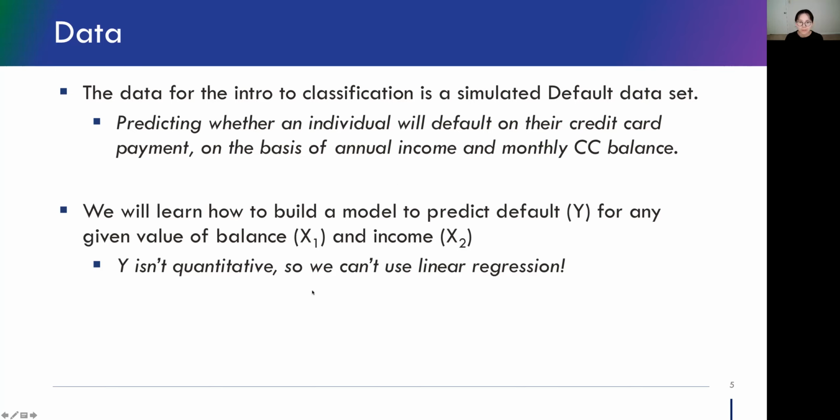We will learn how to build a model to predict the default, being y, for any given value of balance, being our x1, and income, being our x2. Because y isn't quantitative, it's binary, default or not, we cannot use linear regression. Instead, we will use logistic regression.